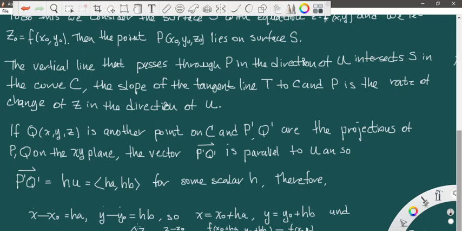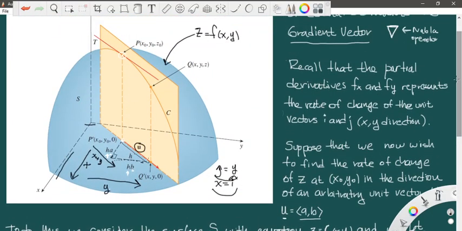So the difference in z over h, which in this case, the difference in z is the difference from here, in this case, to here.